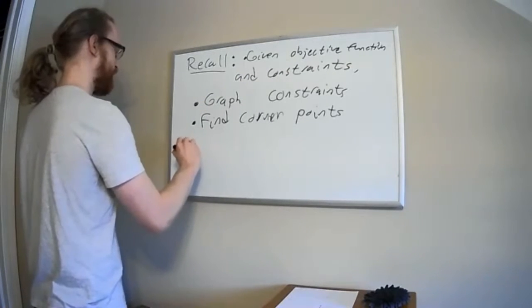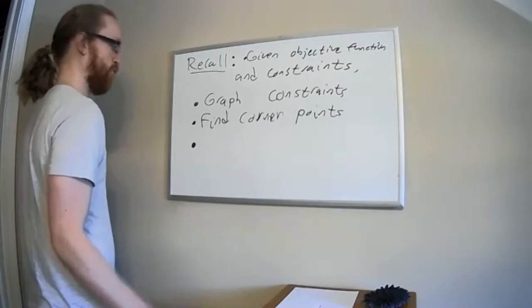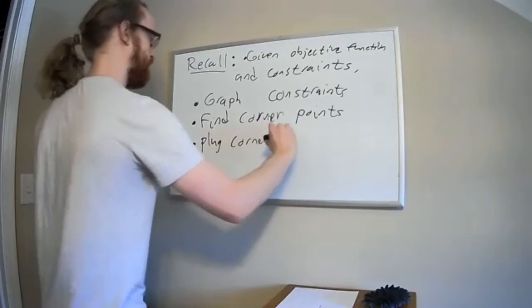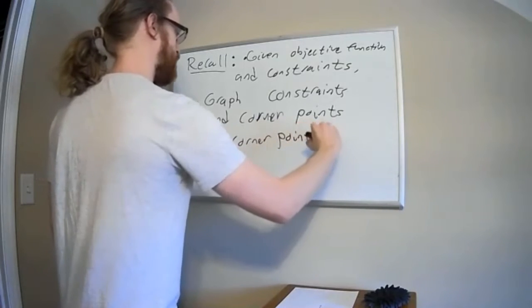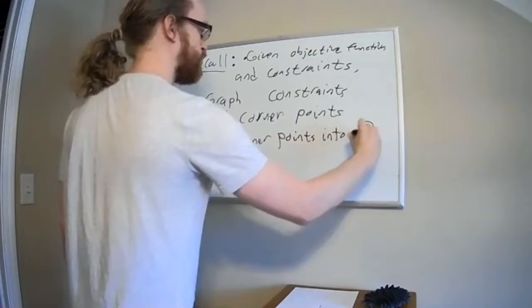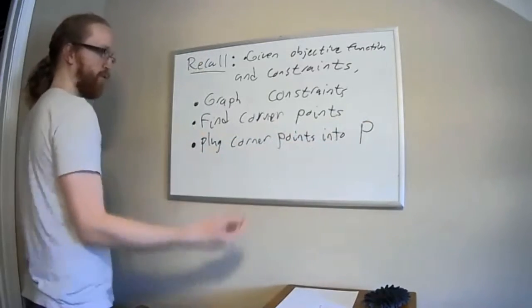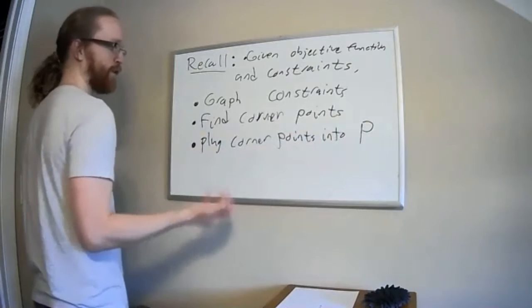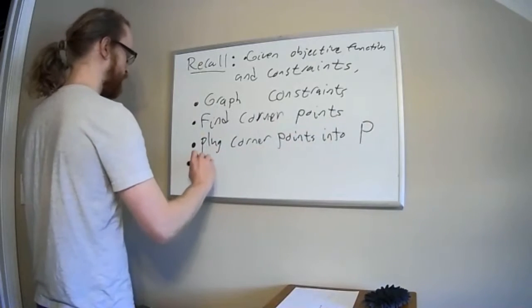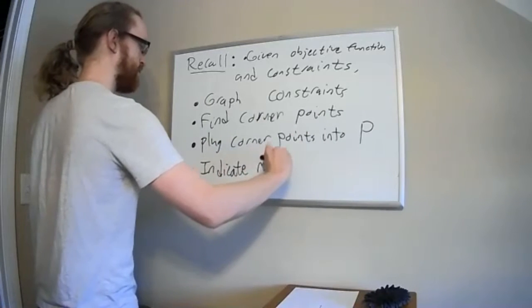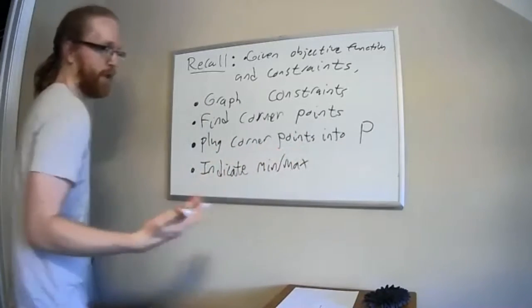So we just test our objective function at the corner points, i.e. we plug the corner points into our objective function, which I usually call P. So P is the objective function. We plug in the corner points one by one, take a look at the values that we get, and indicate which was the biggest and which was the smallest, the min or max, depending on what the problem asked for.